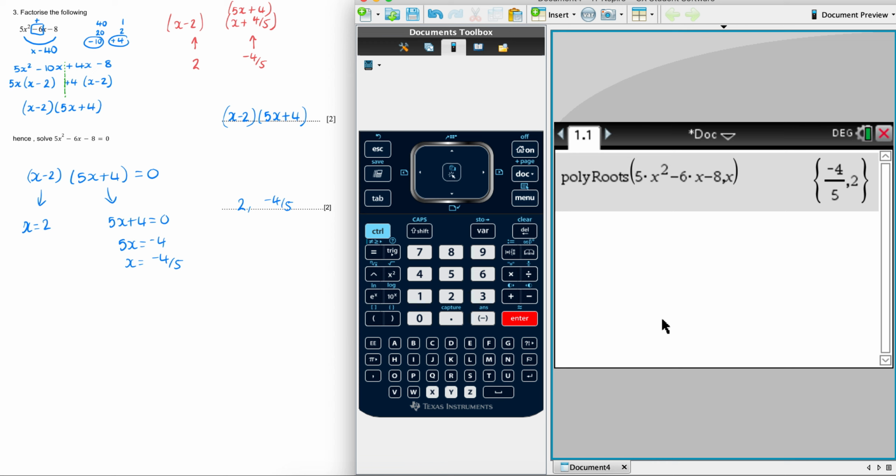Okay, and you can see there that that actually helps us to factorise it. We've already factorised it in that correct way. So if you're struggling to factorise, then you can actually use the GDC in order to factorise. But obviously that's only possible on a calculator question.